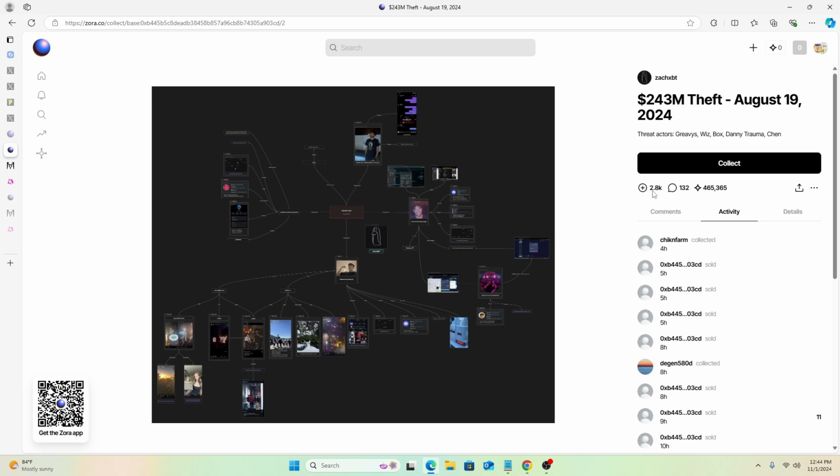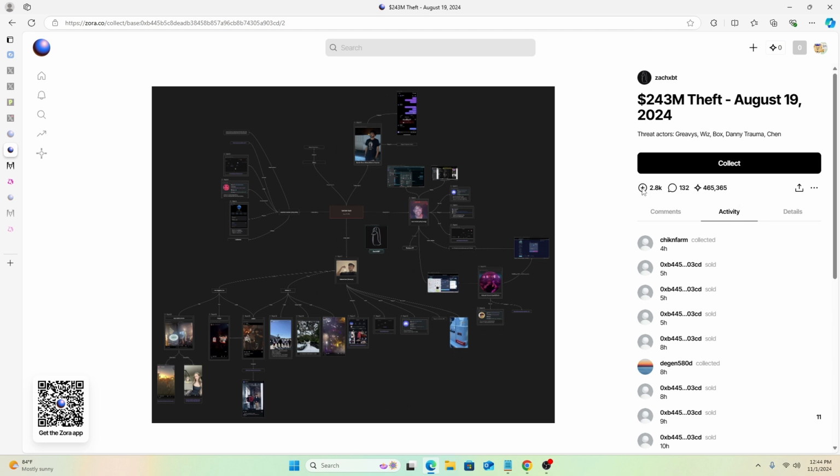So considering that there were only 2.8k mints of this NFT, there's a representation of that in token terms. For now, we'll just assume 2.8 thousand tokens. That will impact the market cap, considering the initial price is 30 cents.